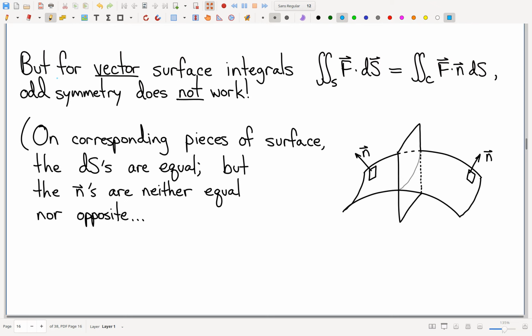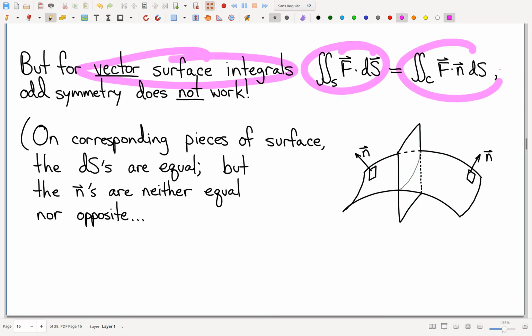The short version: if you have a nice symmetric surface, as I attempted to draw there, symmetric through a plane like that, notice the vector surface integral, which you could rewrite like so, has a normal vector involved. And these normal vectors are just not the same.